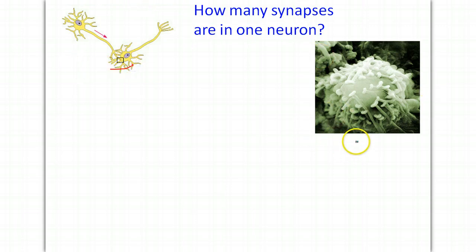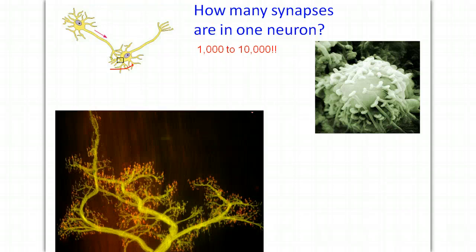Well, I thought this picture was pretty amazing, because here we are with an actual picture of all these multiple connections. Okay. So yes, there's about 1,000 to about 10,000 synapses connected to one neuron. Here I thought these pictures were really cool.